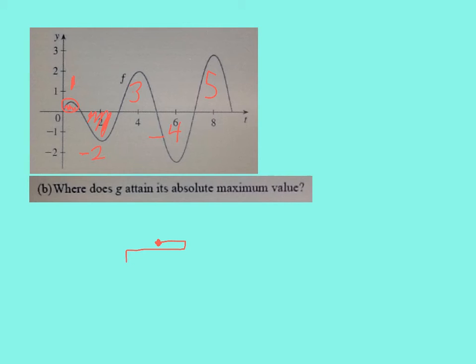Then we turned around again and moved 3. And then we turned around and moved 4. And then we turned around and moved 5. So where do we actually get an absolute maximum value? Well, we get the furthest away really at the end at time equal to 9. So we're going to say at x equal to 9 is when we have an absolute maximum.